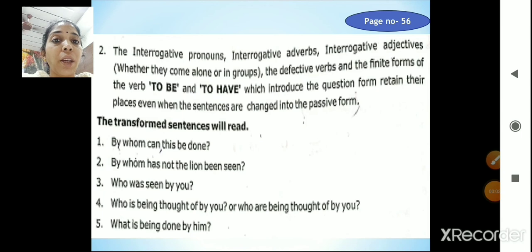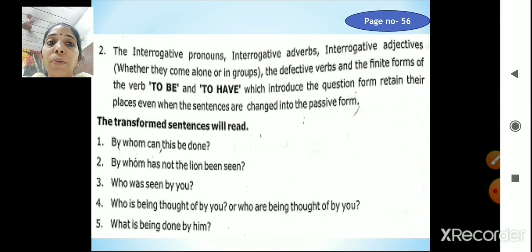So the interrogative pronouns, interrogative adverbs, interrogative adjectives, whether they come alone or in groups, the defective verbs and the finite forms of the verb to be and to have, which introduce the question form, retain their places even when the sentences are changed into the passive form.